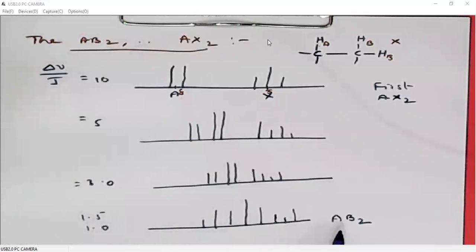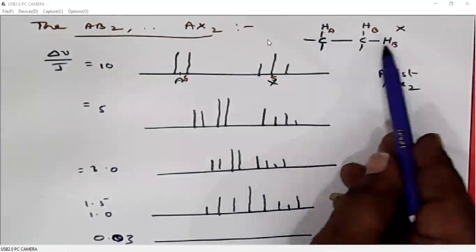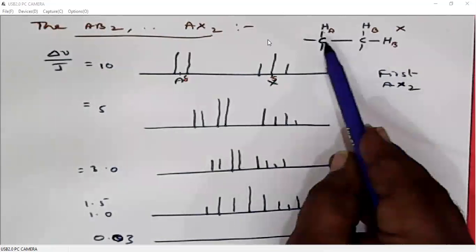Now if we further decrease the value, say 0.3, okay, we will go for 0 value. Generally we don't observe 0 for this. Why? Because we have one proton here, two protons here, so that means they are chemically different.